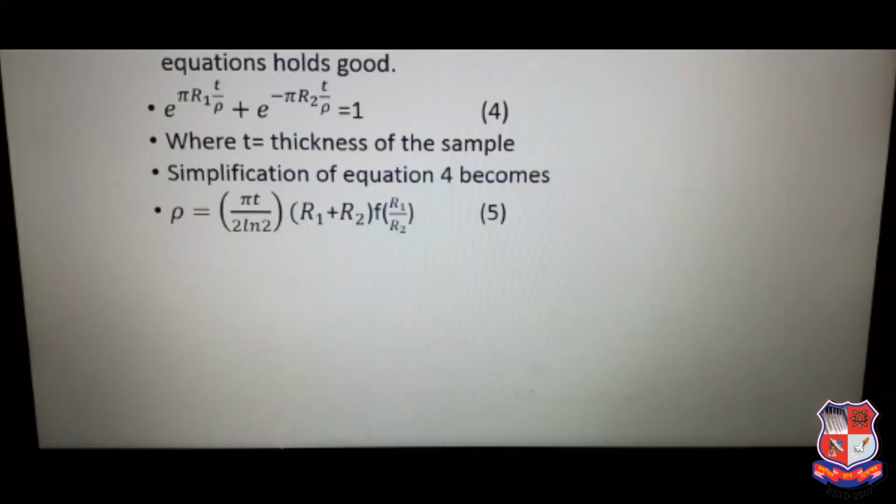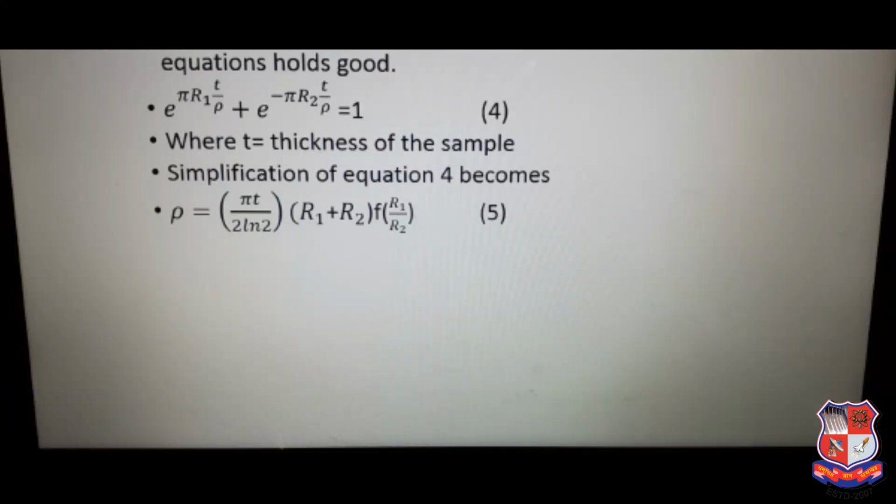Van der Pauw showed that equations 2 and 3 hold good under the following condition: e raised to minus pi R1 t upon rho plus e raised to minus pi R2 t upon rho should be equal to 1, where t is the thickness of the sample, R1 and R2 are resistances, and rho is resistivity.